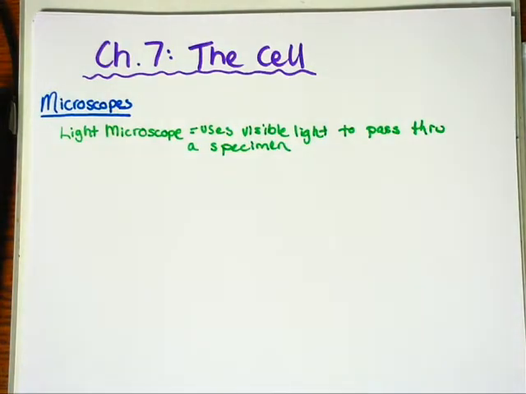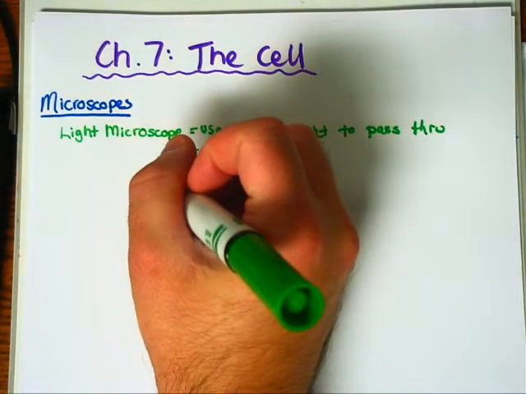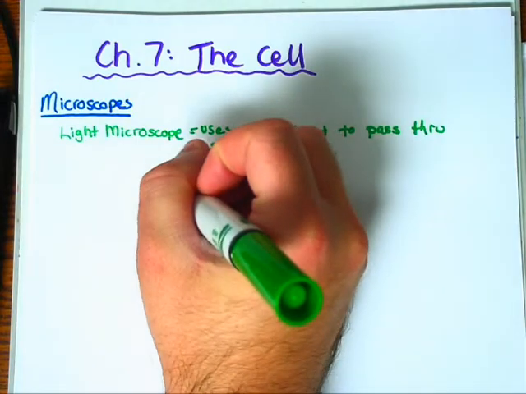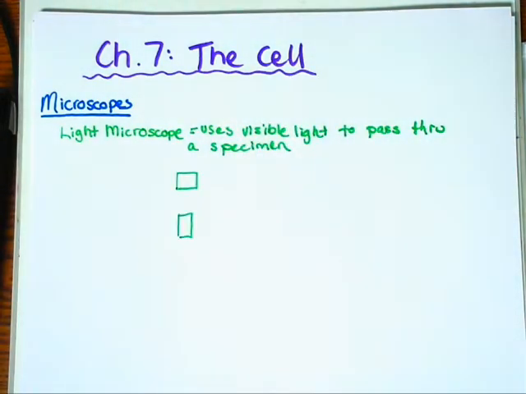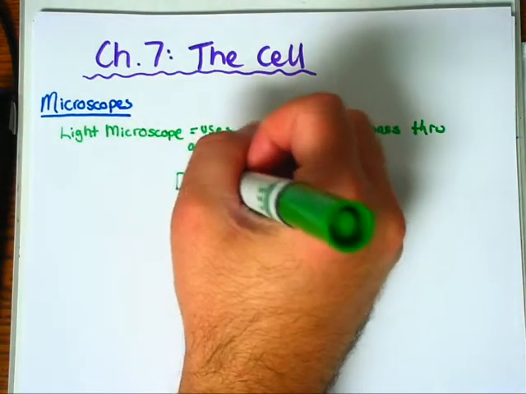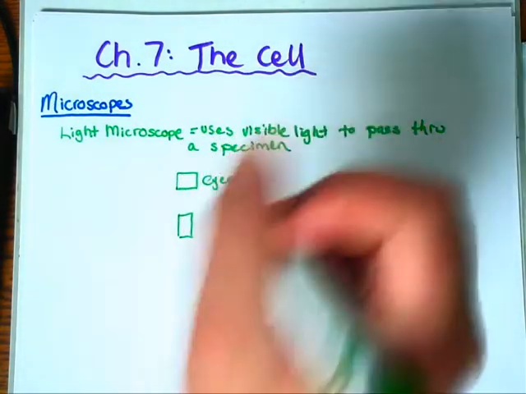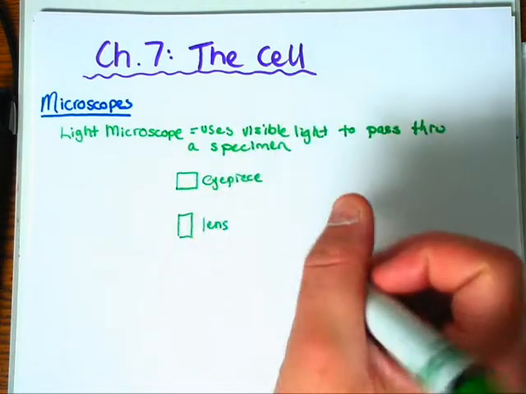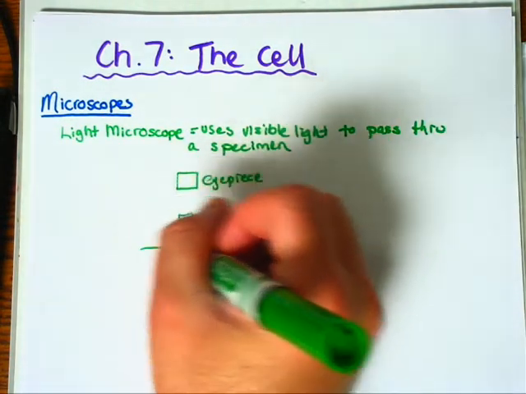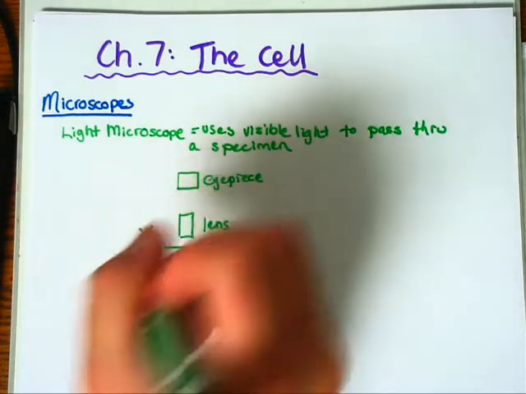The way that you determine the magnification, if you think about a microscope, there's actually two lenses. There's a lens on top and then there's a lens on the bottom. This is where your eyepiece is at. This is where your actual larger lens is at. And to find total magnification, you have to multiply the two.